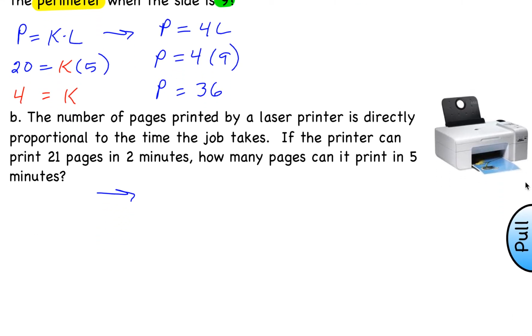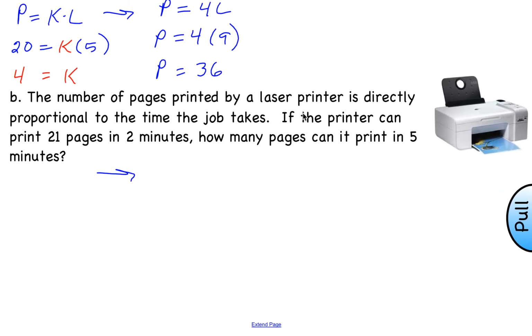All right, here's another problem. It says the number of pages printed by a laser printer is directly proportional to the time the job takes. So let me highlight a few things, then I'm going to have you pause the video and do this one on your own. So the number of pages varies directly with the time.